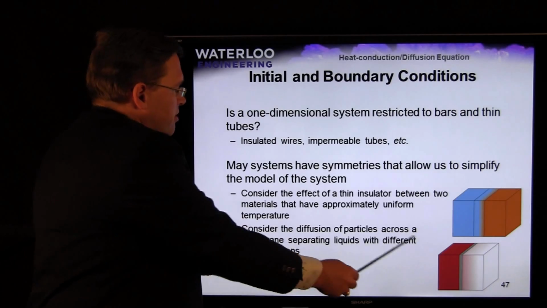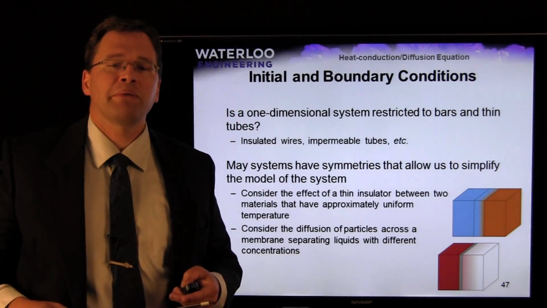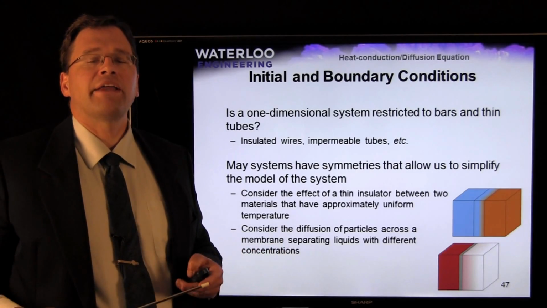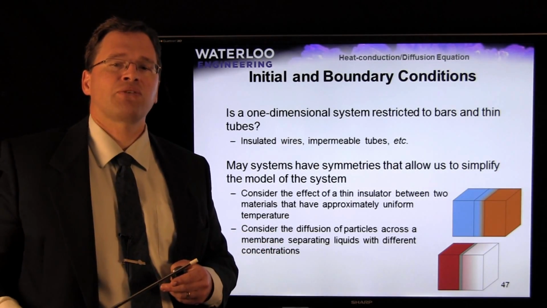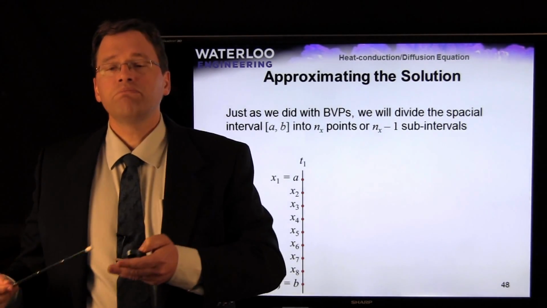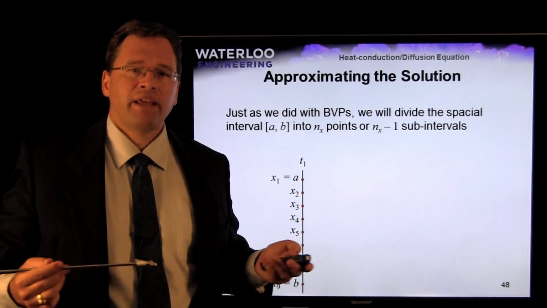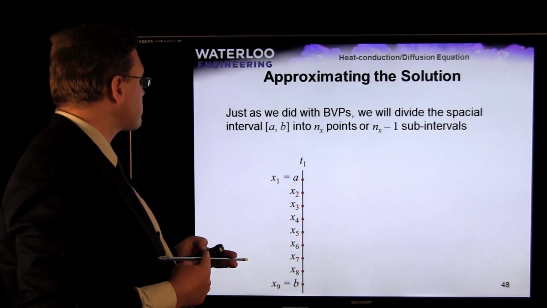Alternatively, you may have two different concentrations across a semi-permeable barrier or a membrane, and you're determining what the diffusion is across that barrier. So the fact that we're doing this in one dimension may actually not be that simplified. It actually does have applications.